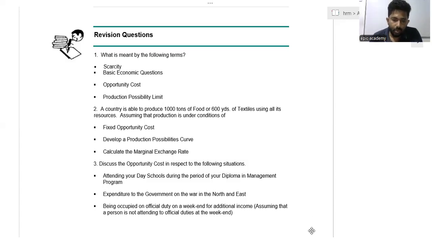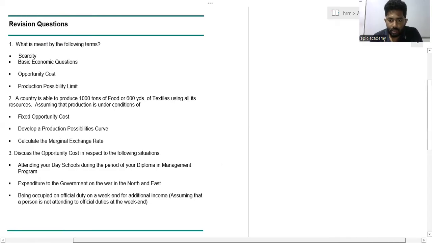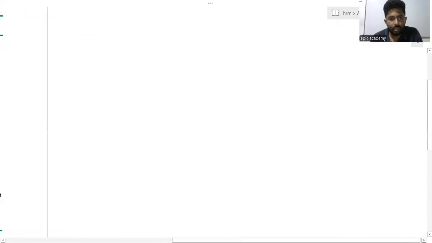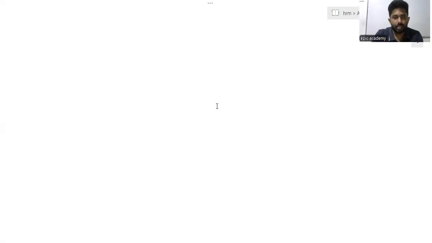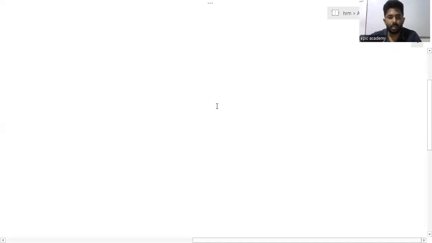Before identifying these concepts using the PPC curve, I'm going to develop the production possibility curve. We are going to identify the basic concepts related to it. You may have a good identification with the assumptions before the production possibility curve.